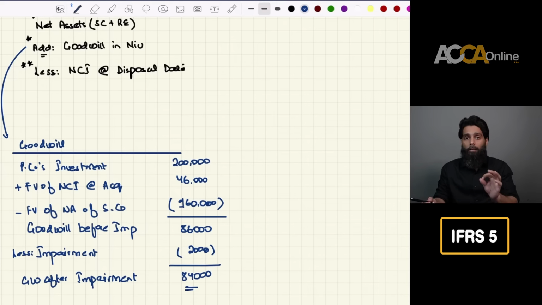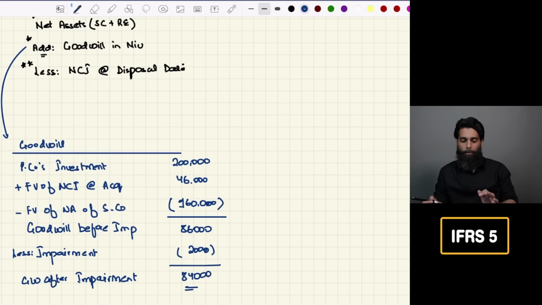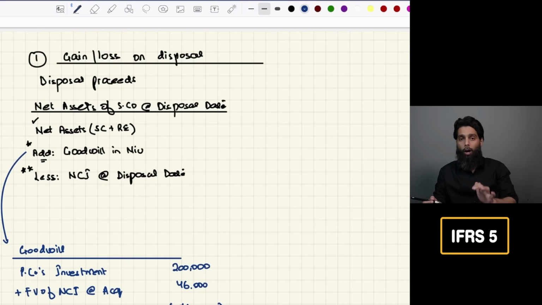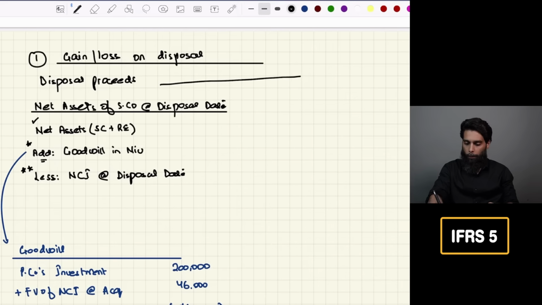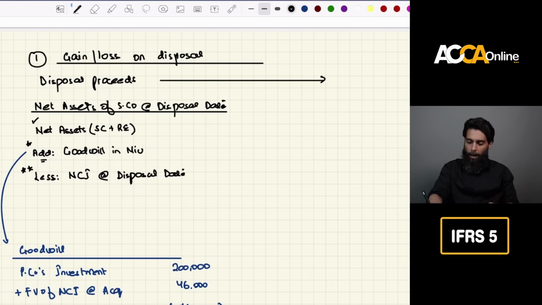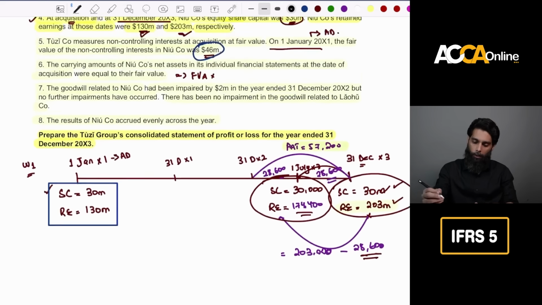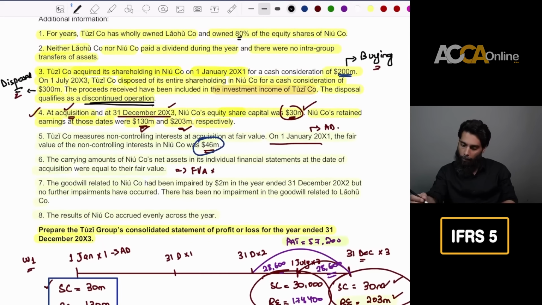So at the very least, I've got some data to work out. Now, if you go back to the gain or loss on disposal working, first of all, you take disposal proceeds. As far as I remember, these disposal proceeds were 300,000 or 300 million, as the examiner said.